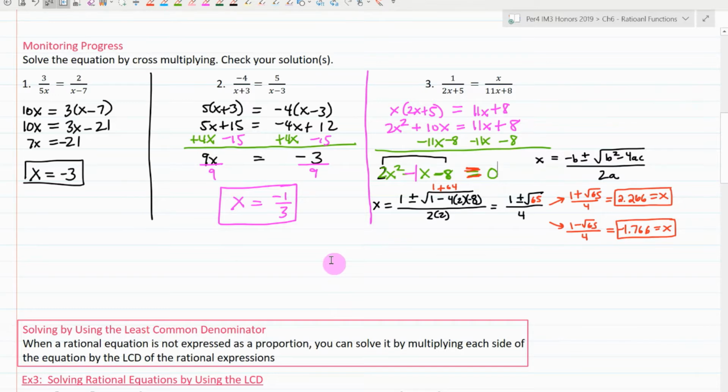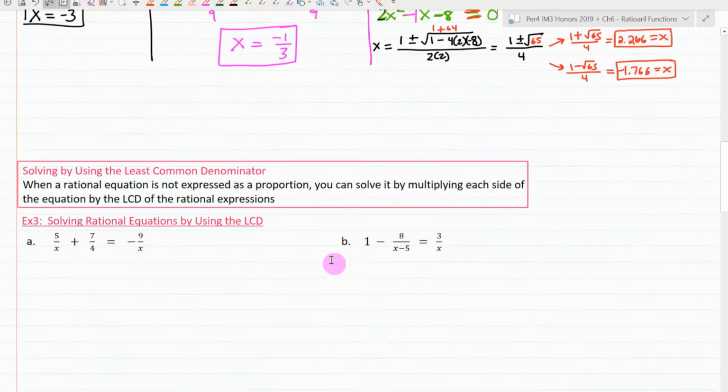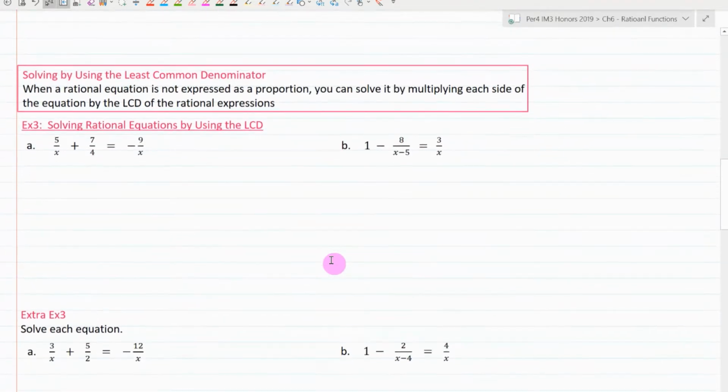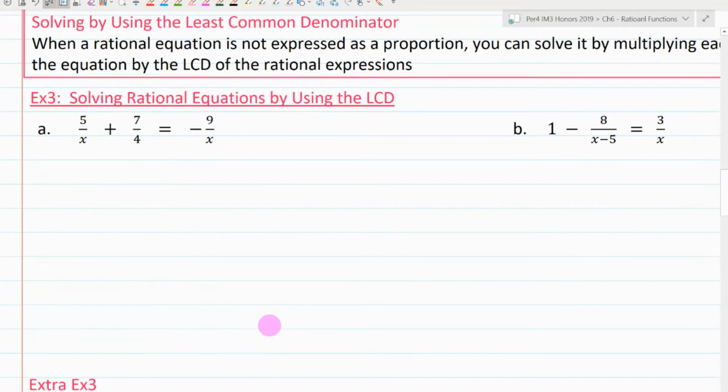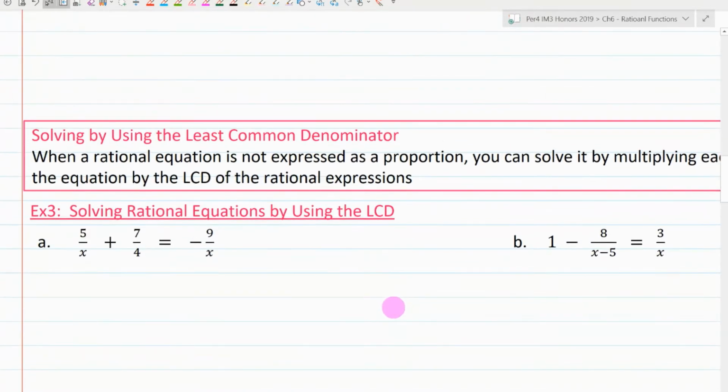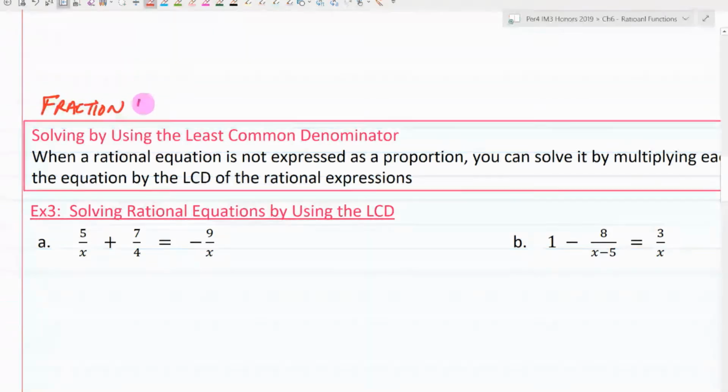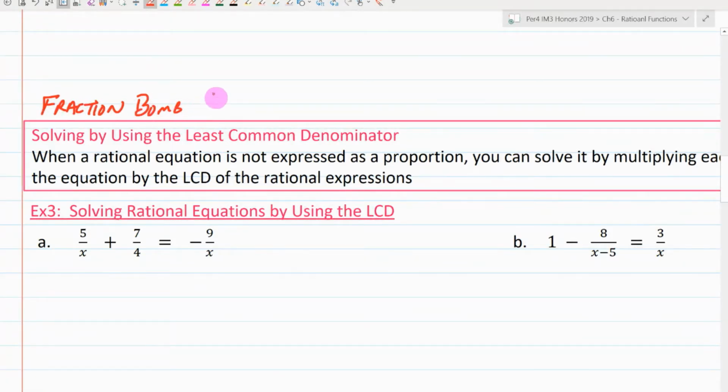All right, so let's go ahead and go on to the next type of question. So for these, when you don't have a proportion, you can't cross multiply. So we're going to do something called fraction bomb. Okay, and so fraction bomb means you're going to get rid of all the fractions. And then what you're going to do is you're going to find the LCD.